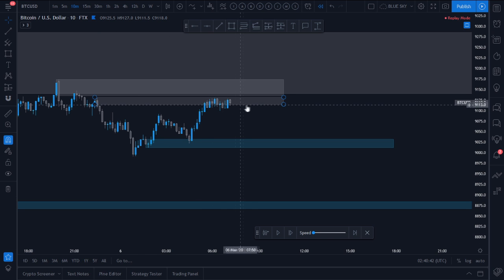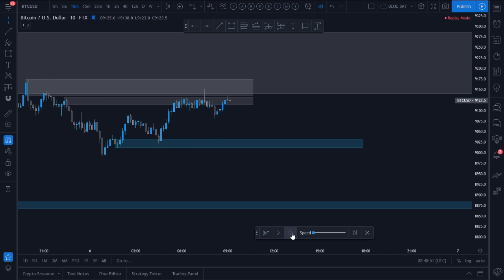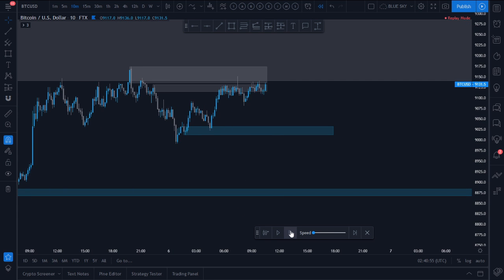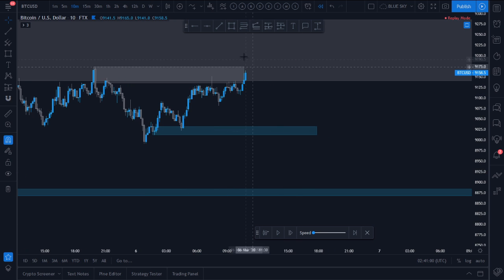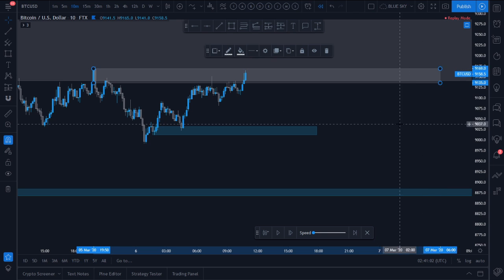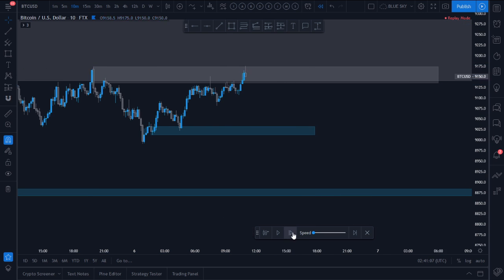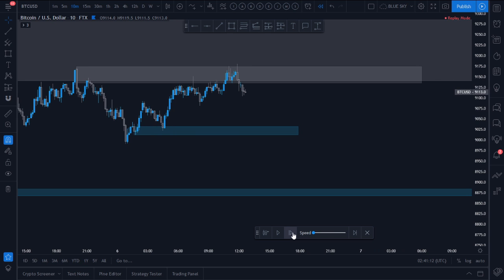This supply zone here now acts as resistance, as you can see, guys. And this has been invalidated now, but this is still valid because price has not broken above it, right? Also, we have a demand zone here.